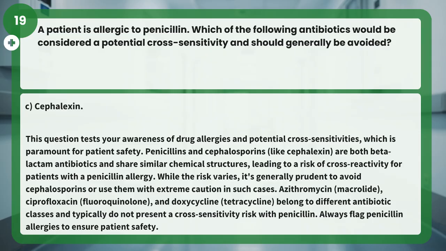While the risk varies, it's generally prudent to avoid cephalosporins or use them with extreme caution in such cases. Azithromycin, a macrolide, ciprofloxacin, a fluoroquinolone, and doxycycline, a tetracycline, belong to different antibiotic classes and typically do not present a cross-sensitivity risk with penicillin. Always flag penicillin allergies to ensure patient safety.